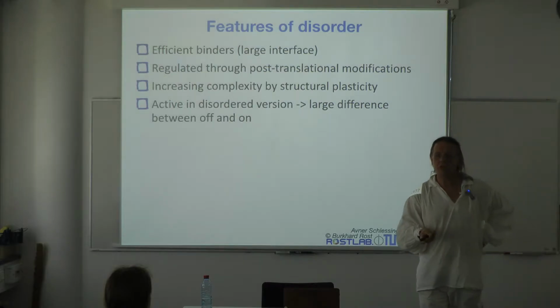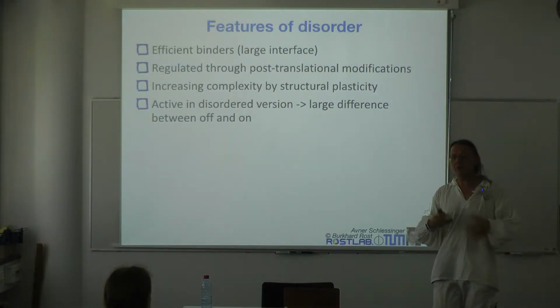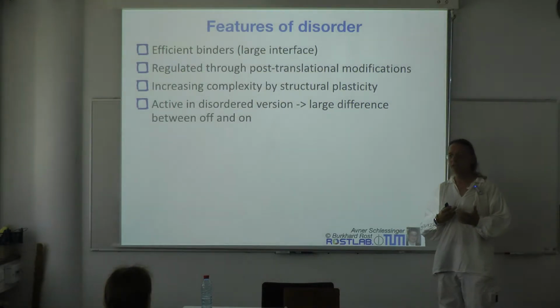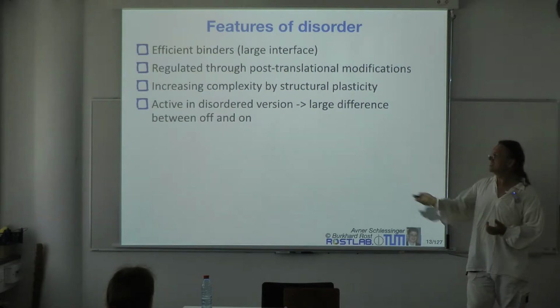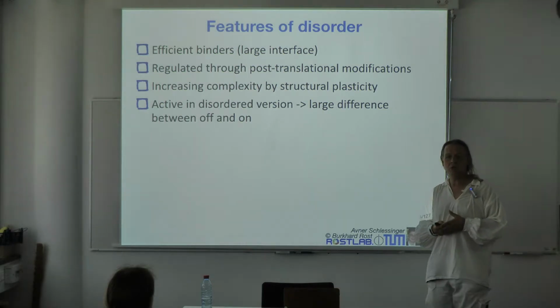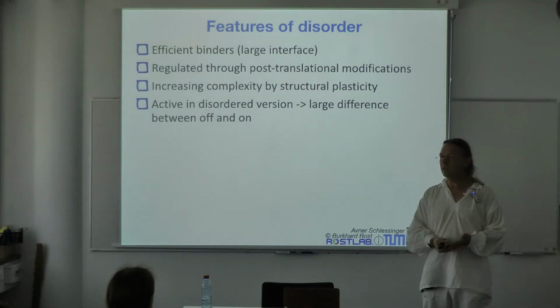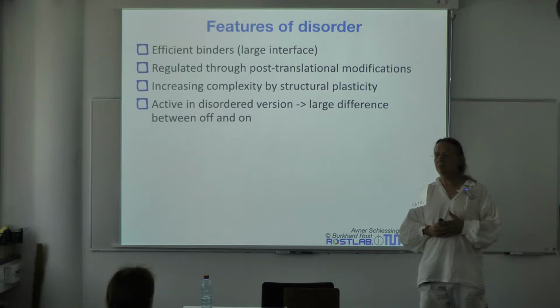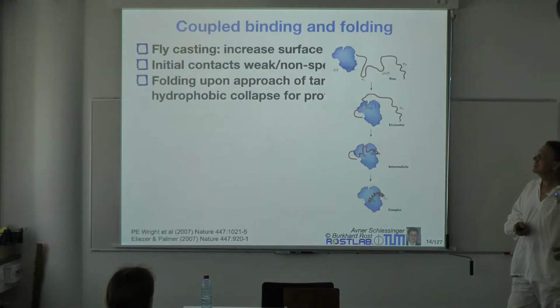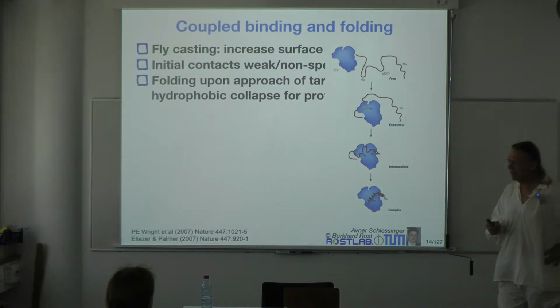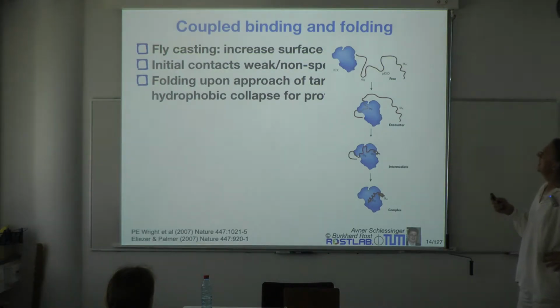So you have a more disordered, a less disordered, and one is active and one is not active, right? And by that you could sort of regulate in an additional way, simply by this adopting structure, it is no longer functional. So this is one mechanism by which you can simply steer the way you have processes started.